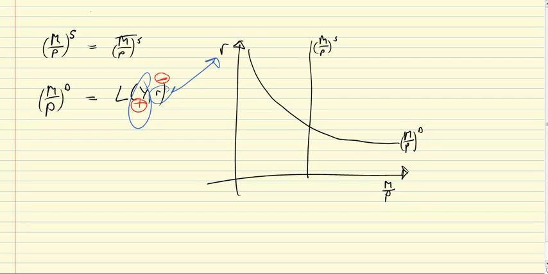Here's the money demand function, and at the intersection we get R star, which would be the equilibrium interest rate that clears the financial markets.